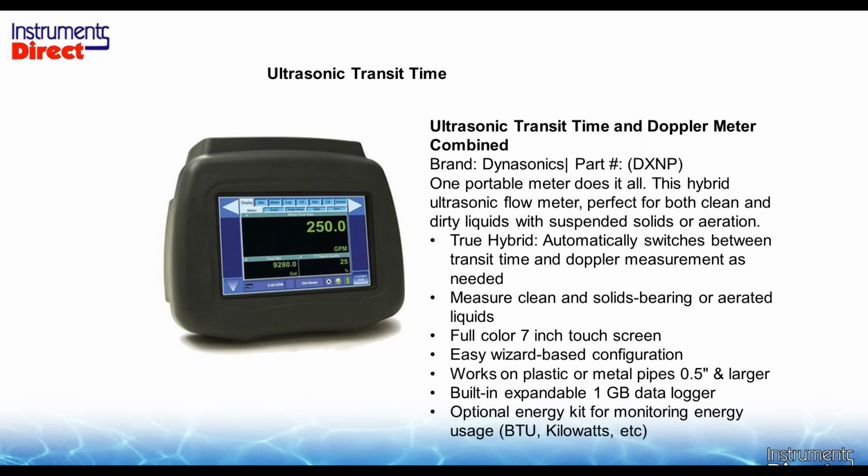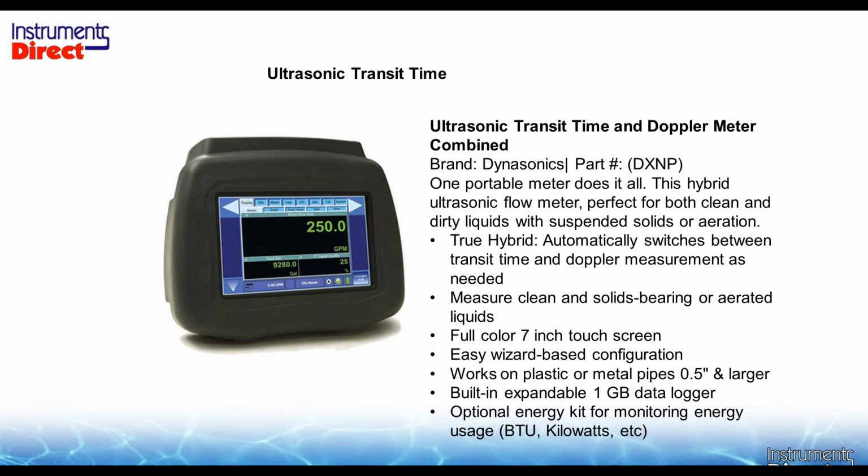Now, here's a beast that is an ultrasonic transit time and an ultrasonic Doppler. It is a hybrid, and it has both cans of soup in the same pot here. Basically, you have the ability to monitor as a transit time flow meter and with a second set of transducers. It's not the same set, so it's basically 2 flow meters in one box.